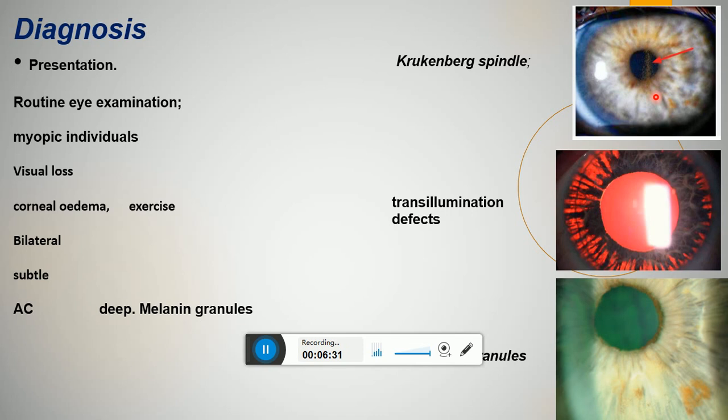The spindle is not always present, tends to become less obvious in long-standing cases, and is not pathognomonic for pigment dispersion syndrome. In the anterior chamber, the AC is deep and melanin granules may be seen in the aqueous.